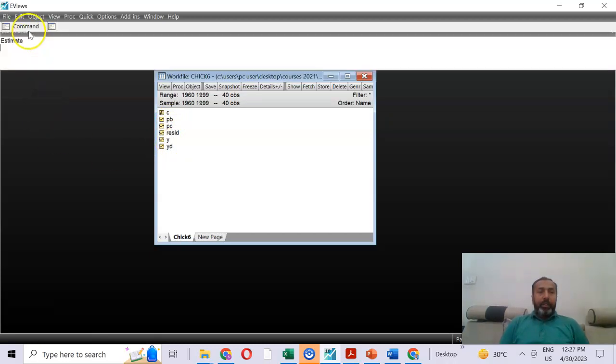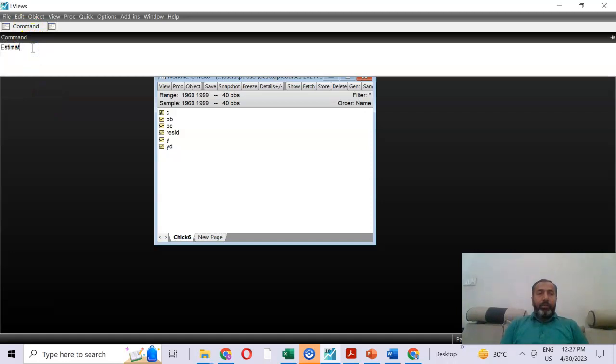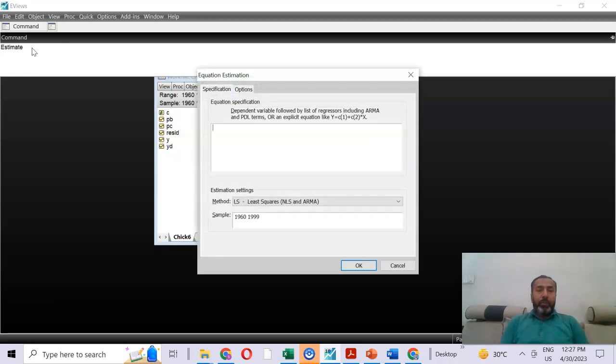Let's run the regression. To run the regression, we type estimate in the command window. Here we will write Y, C for intercept, then PC, PB, and then YD.